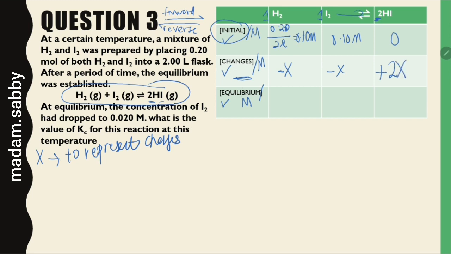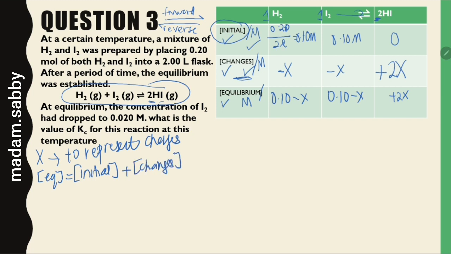Equilibrium concentration is initial plus changes. So this one is 0.10 minus X, this one 0.10 minus X, and this one is positive 2X.